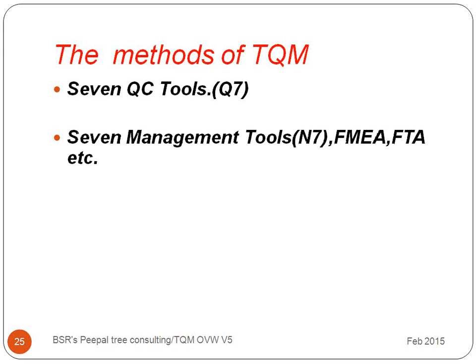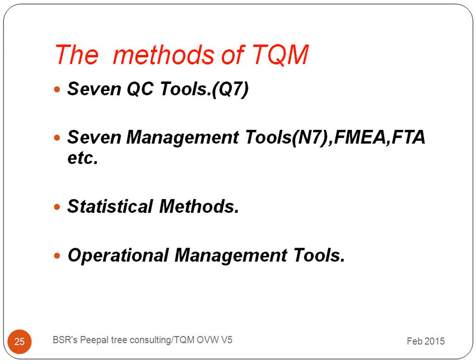It could be the 7 management tools, what is now called the N7 or the new 7. Tools and techniques like FMEA, fault tree analysis, and so on and so forth. Higher order statistical methods and operational management tools, whether we are talking about lean management, TQM, and so on and so forth.